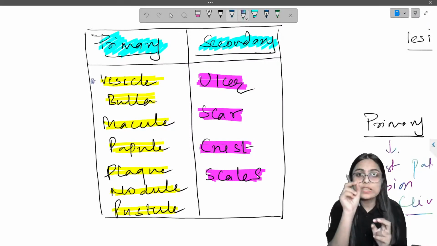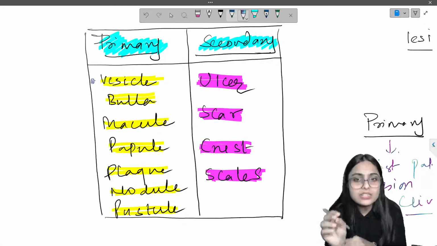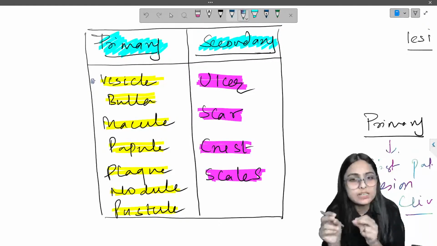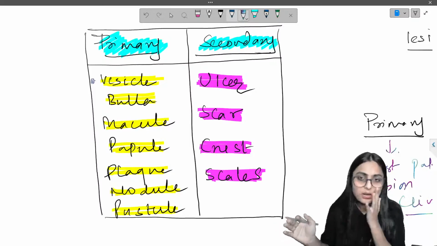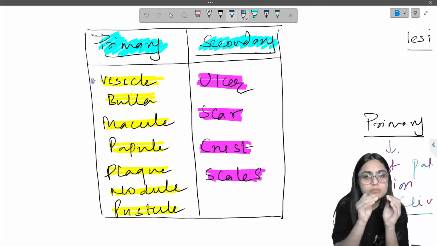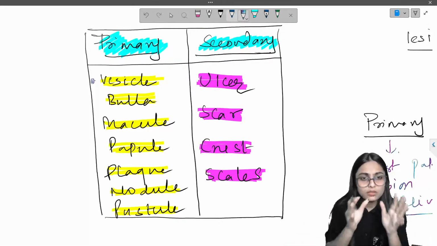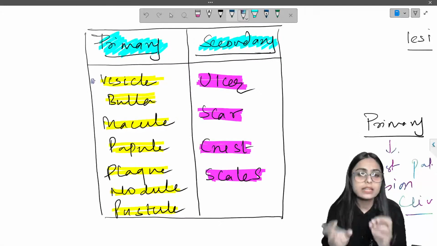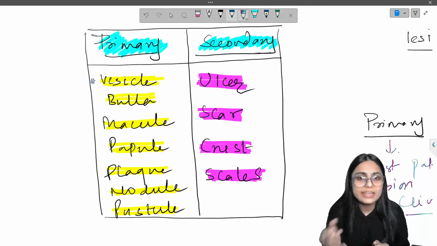Then this vesicle will rupture and form an ulcer, and after some days it forms a crust. So this is the sequence that happens in chicken pox. So the differentiation between primary and secondary, I hope you understood. You will understand it better when we see each of these lesions in detail.